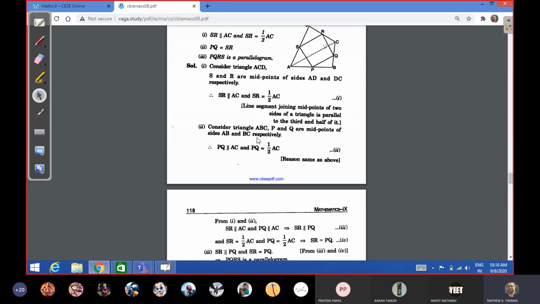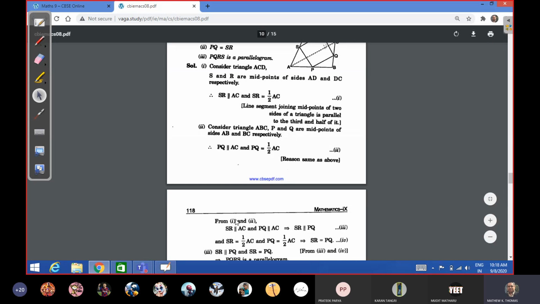Two lines equal to the same line are equal to each other. So the value of PQ is half AC, the value of SR is half AC. So half AC is common in both. So I can say that PQ is equal to SR. Okay. So the third part you will write from 1 and 2.